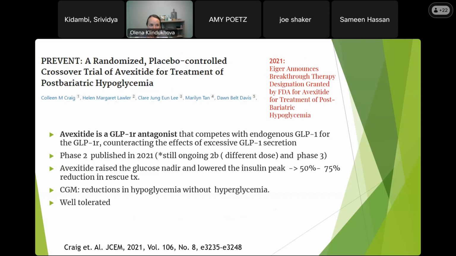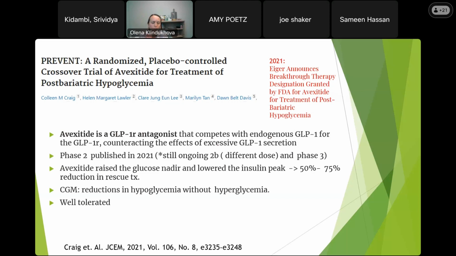The only trial that's available and published is a phase 2 trial, where they used a lower dose of avexitide, and they successfully demonstrated an increased nadir and a lower insulin peak.